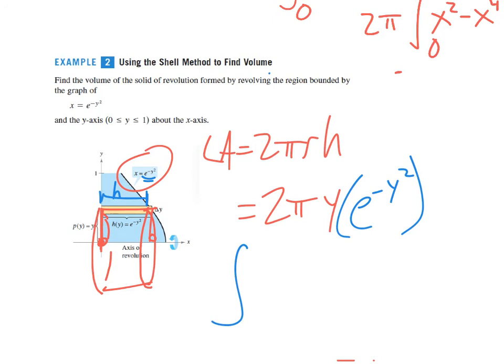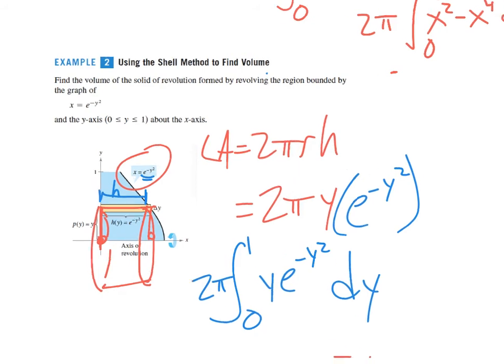So we'll move the 2 pi outside: y times e to the negative y squared, dy. The smallest y value is 0 and the largest y value is 1. So we're integrating with respect to y here.